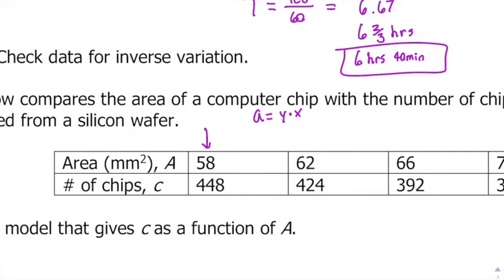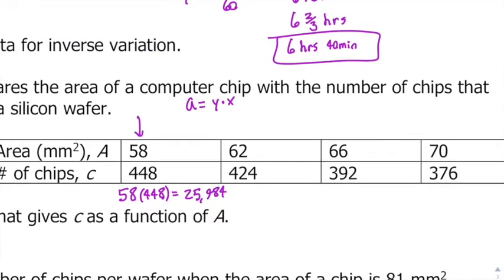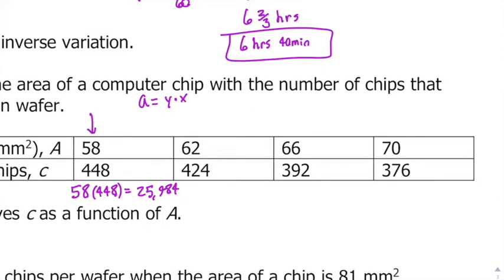58, I guess, times 448. Let me write it down, 58 times 448 comes out to 25,984. Okay, and then I'm just going to check and make sure some of these other ones come out to that same A value. We need to do 62 times 424. As long as a few of these are the same, we can probably assume the rest are going to be the same.